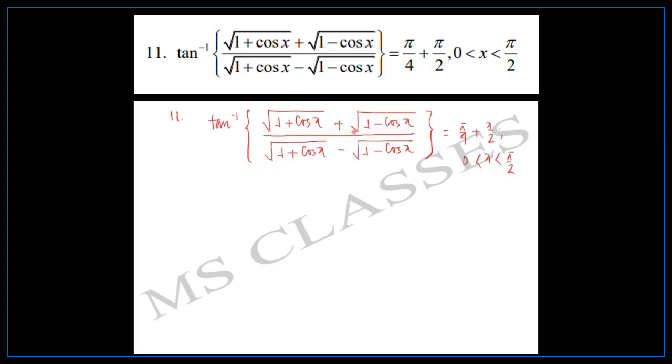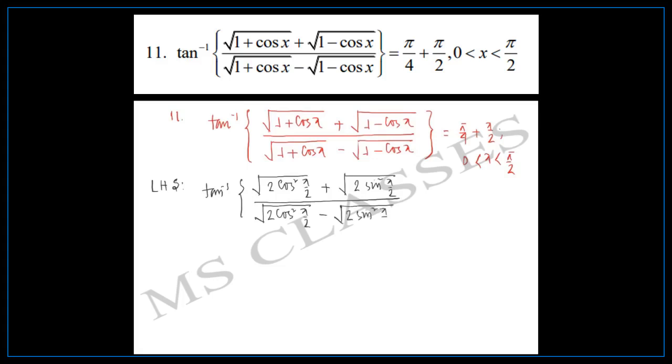Now we can simplify this one. Tan inverse of, we can simply rationalize this, or we can directly write it here. The formula we know: 1 plus cos x is what? It is root over 2 cos square x by 2 plus root over 2 sin square x by 2, divided by root over 2 cos square x by 2 minus root over 2 sin square x by 2.